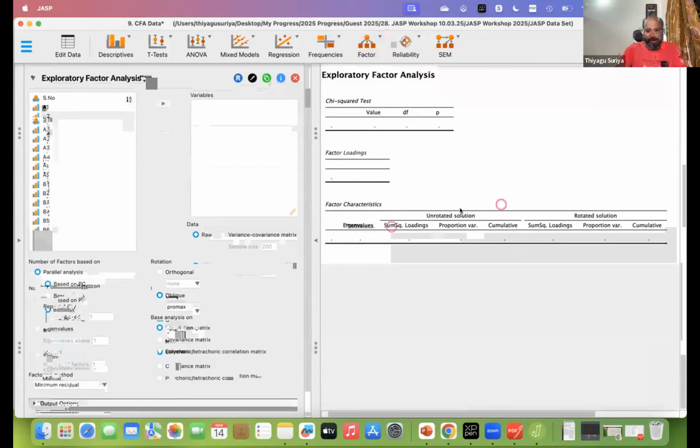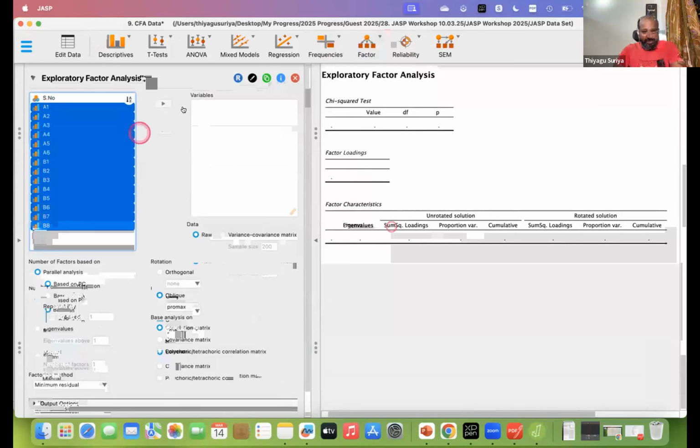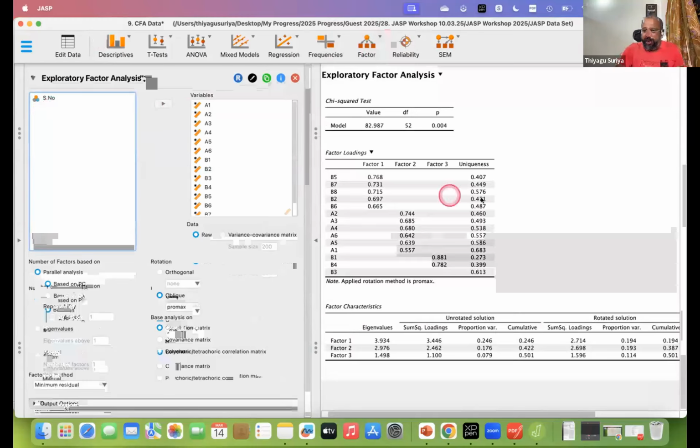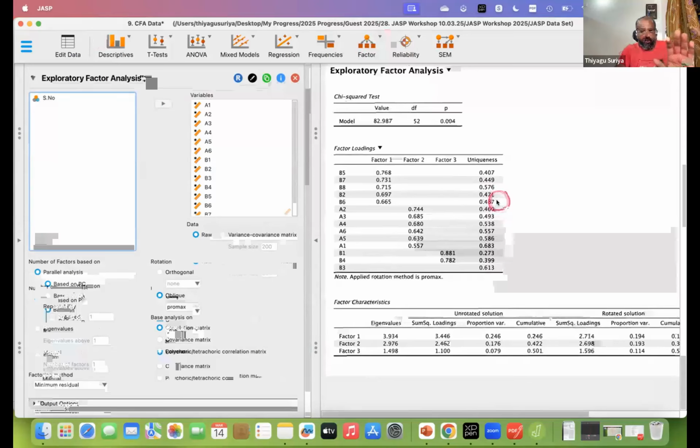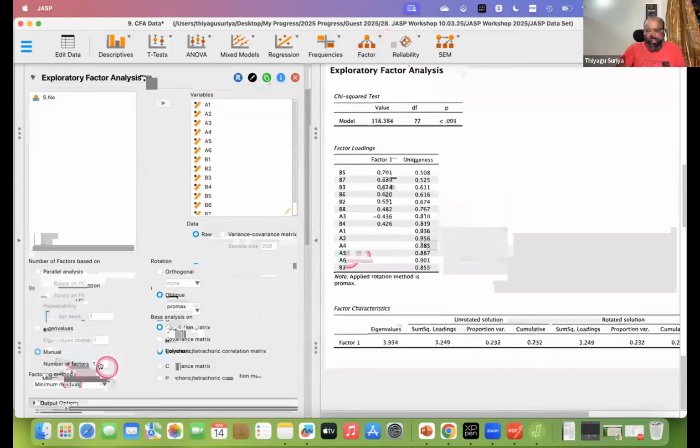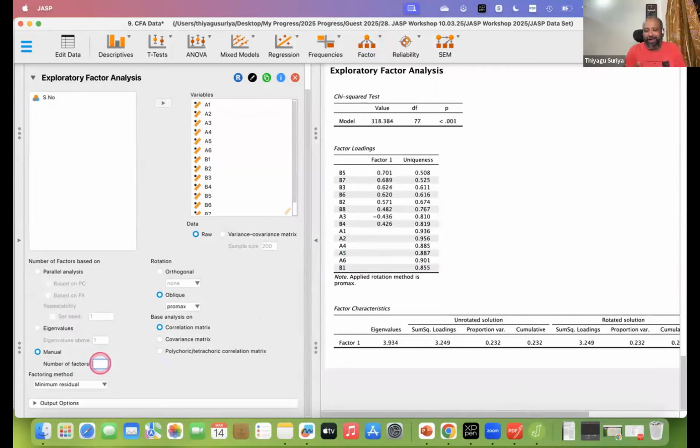Now I don't have any theoretical model, so I keep all the items in as variables. I don't know any classification, but I want to run this manually because I felt two factors are enough. From the old theory, if you identify that two factors are fine, keep the two factors.